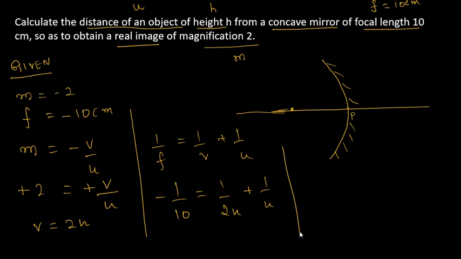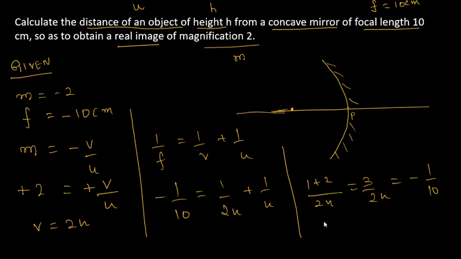So take an LCM. 2u is the LCM. Therefore, 1 plus 2 into 1, that is equal to 3 by 2u. Okay, so that is equal to minus 1 by 10.